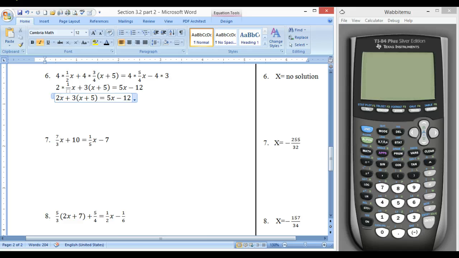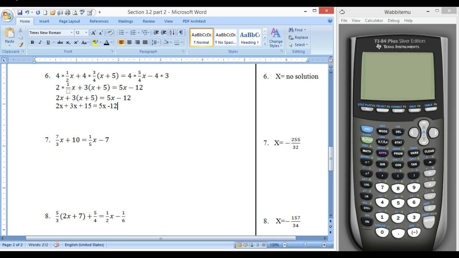So now we just work it out like we did the other ones. Your heart rate stopped racing and it's a lot nicer. So here we go. Okay, so we multiply this in through the parentheses using the distributive property. So I'm left with, and I don't need to copy this anymore because I don't have any more fractions, 2x plus 3 times x gives me 3x. 3 times 5, positive 3 times positive 5 gives me positive 15 equals 5x minus 12.